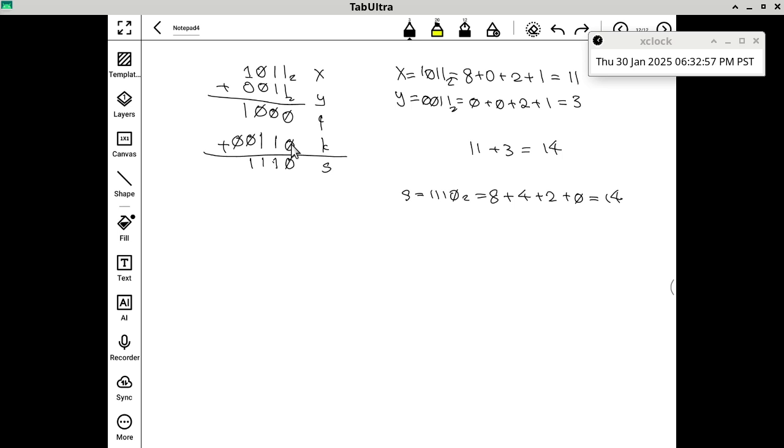The sum of the binary addition also converts to 14 in base 10. Once again, this is not a formal proof, but it is an example of how it works. So are we doing okay so far with this? Okay. Yes.